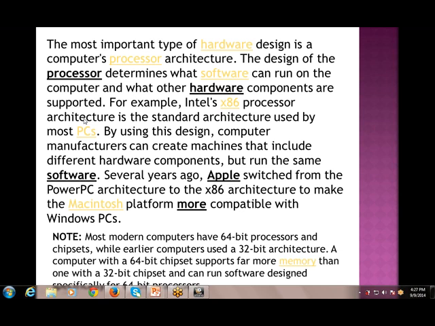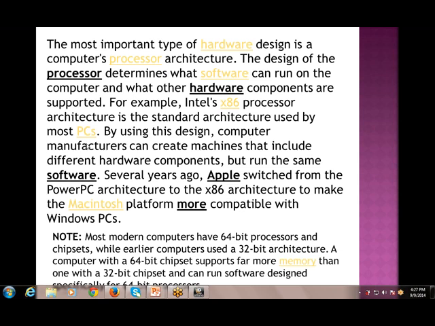That is known as processor architecture. For example, Intel x86 processor architecture is the standard architecture. This is one example of processor architecture, used by most PCs, personal computers.